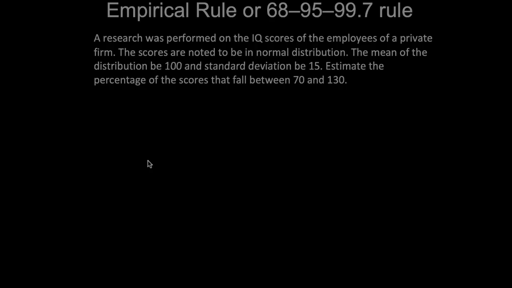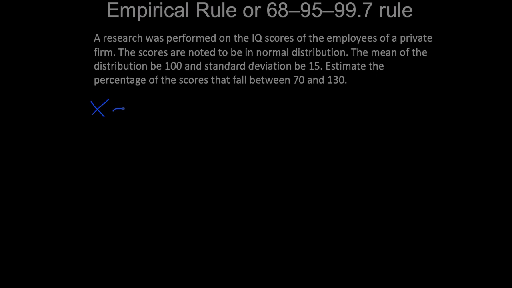Now let me explain this example. A study was performed on the IQ scores of the employees of a private firm. The scores are noted to be normally distributed. The mean of the distribution is 100 and the standard deviation is 15. Estimate the percentage of the scores that fall between 70 and 130.